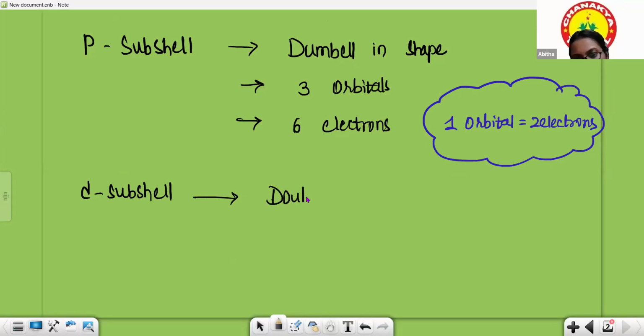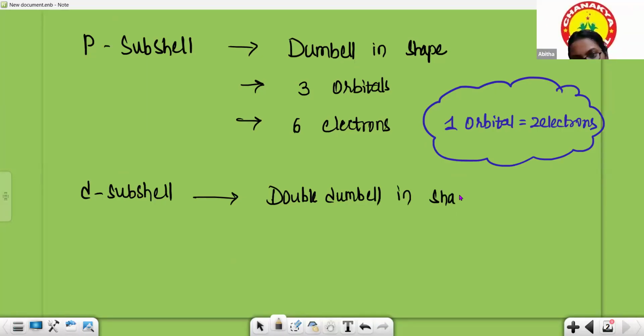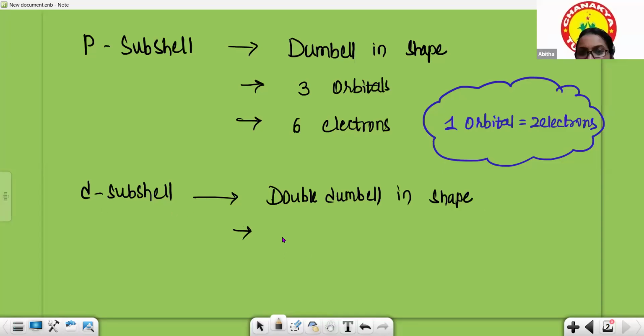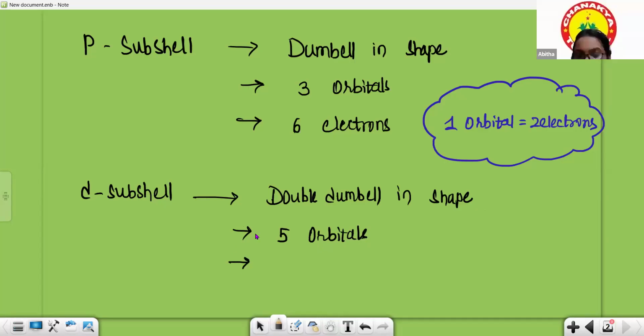It is double dumbbell in shape. In the D subshell, we can find 5 orbitals. How many orbitals are present in the D subshell? 5 orbitals.